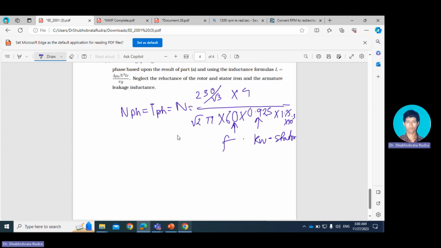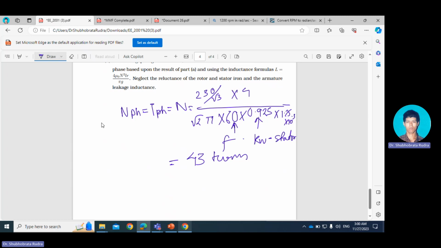So once you do that, you will get 43 turns. Make sure the turns should always be an integer number, not a fraction. So that part you should take care of.